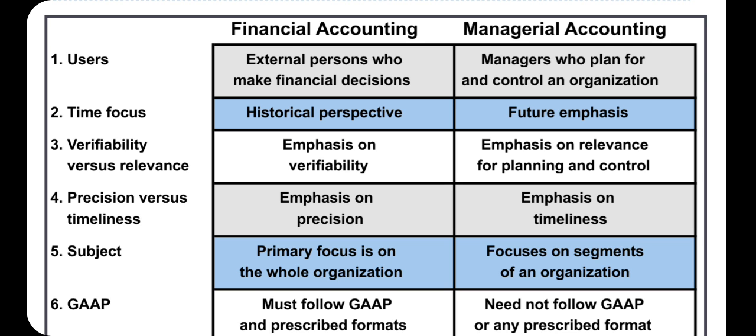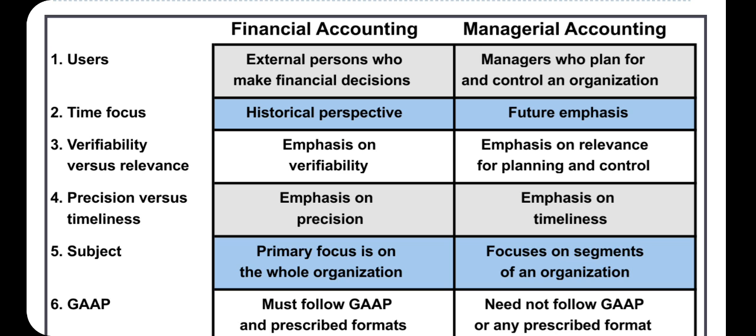And then number 3, verifiability versus relevance. For financial accounting, remember when you do the recording process, I told you that in financial accounting, you record a transaction when there is a business transaction. So how do you know that there is a business transaction?